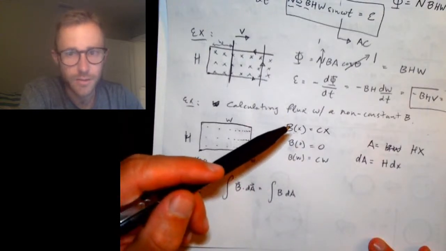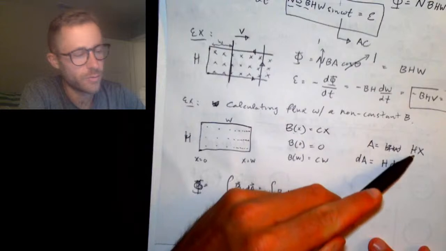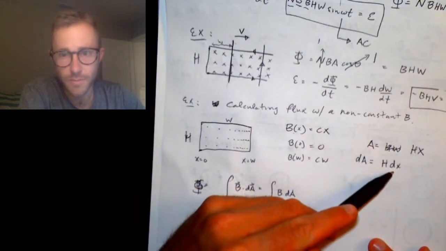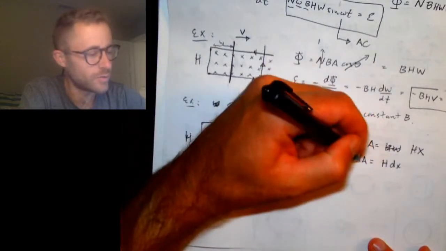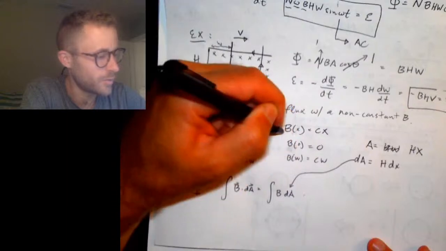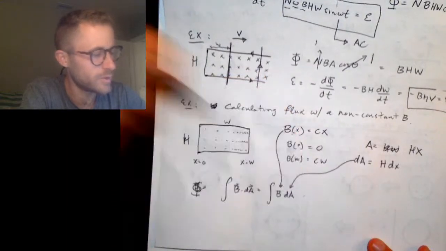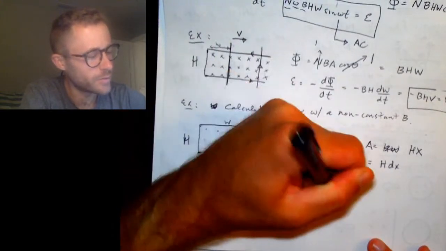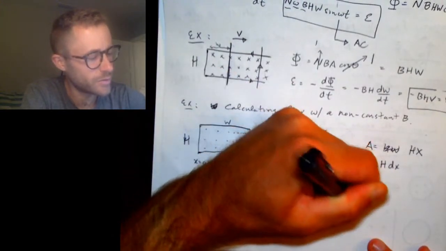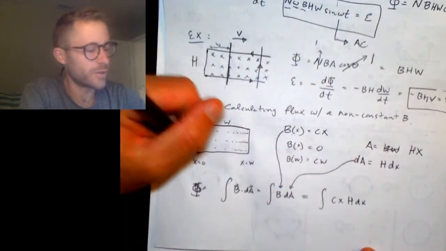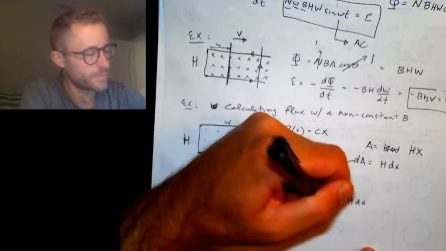So I don't need to take the derivative with respect to H. I only need to take the derivative with respect to x. So we put dA in, and I'm going to put in C for the constant. So I get the integral of Cx times H dx, and that integral is going to go from 0 to W.